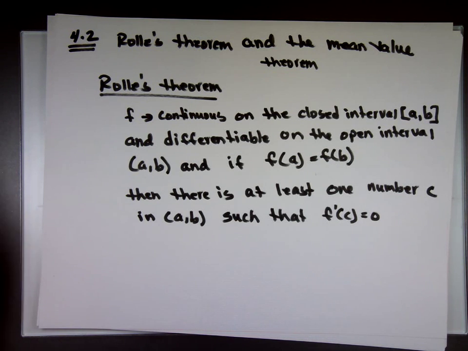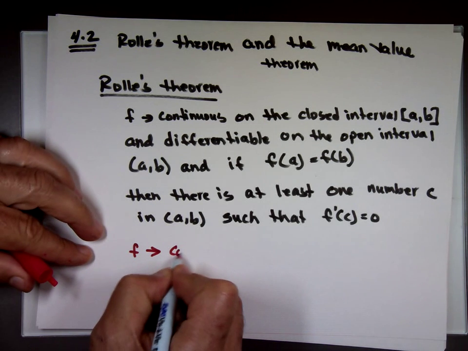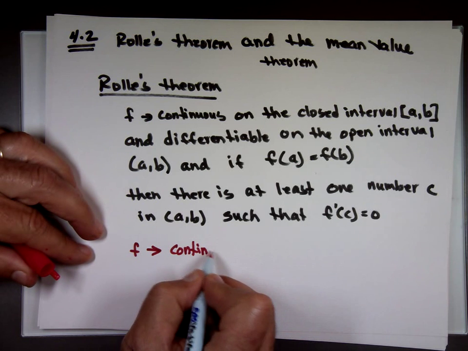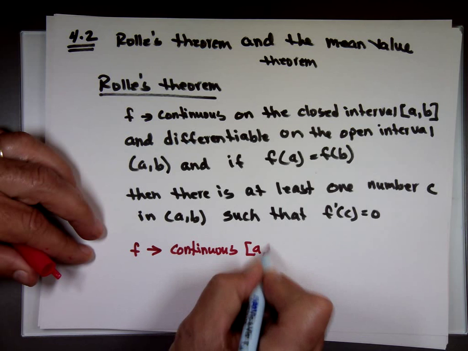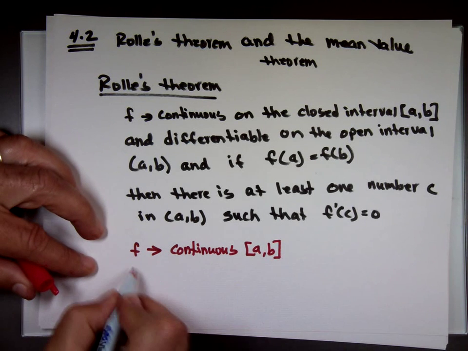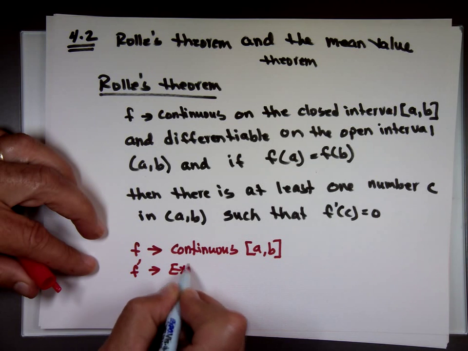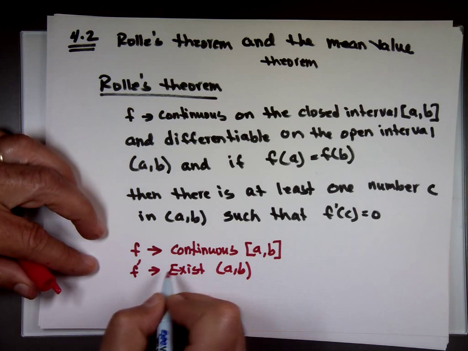So the criteria for that, if you look at that statement: f is continuous, has to be continuous, no gaps in it, from A to B. F prime, the derivative, exists from A to B. These are the criteria.